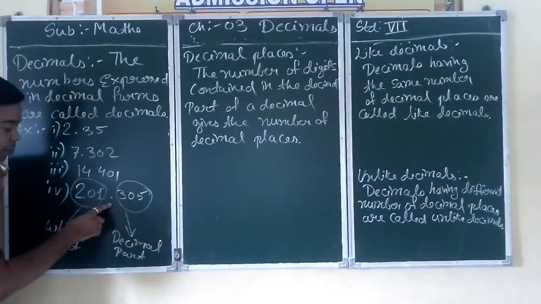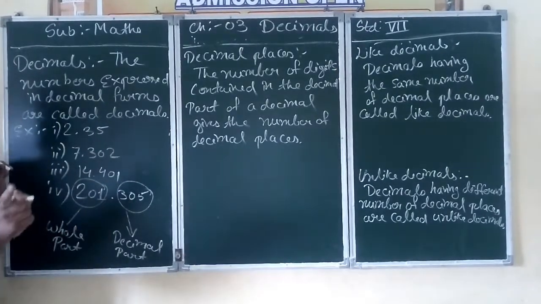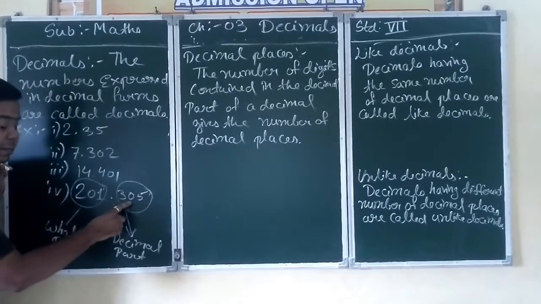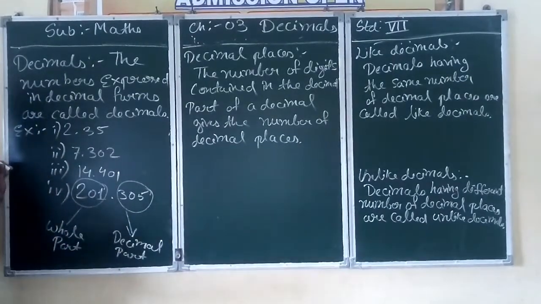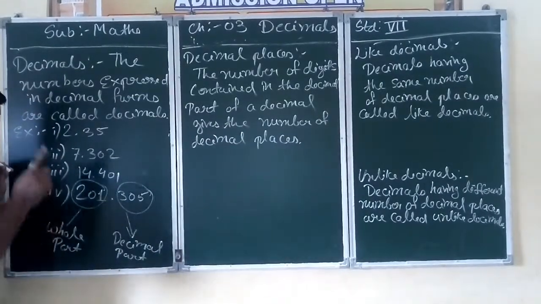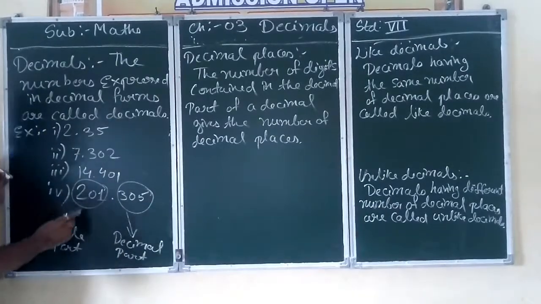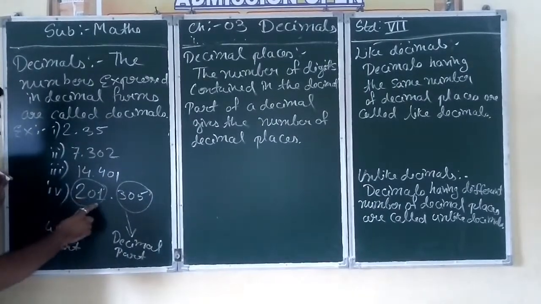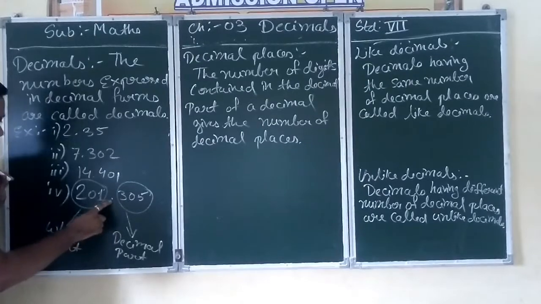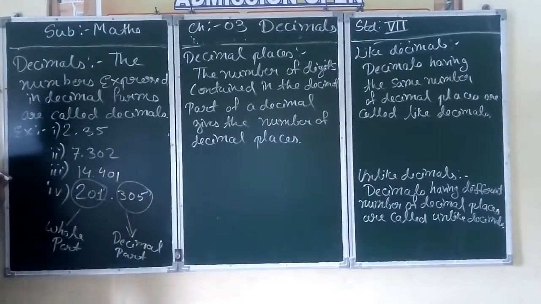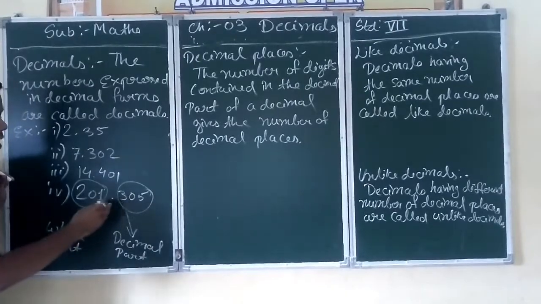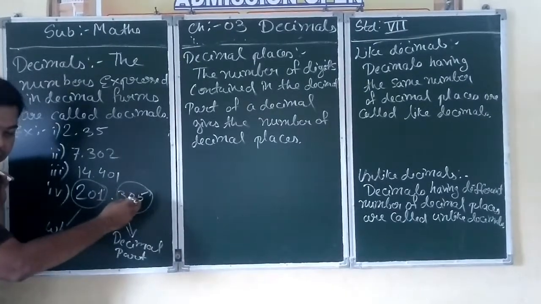When you read the number, you read 201 decimal point 305. Reading it in the usual way is the wrong method. We read the decimal part digit by digit, because it represents tens, hundreds, thousands.